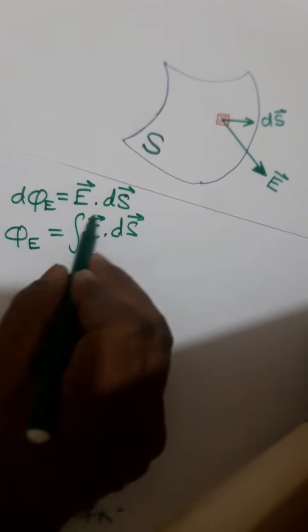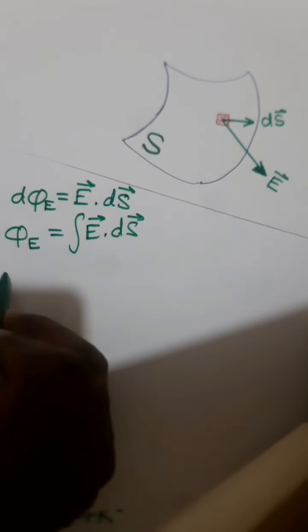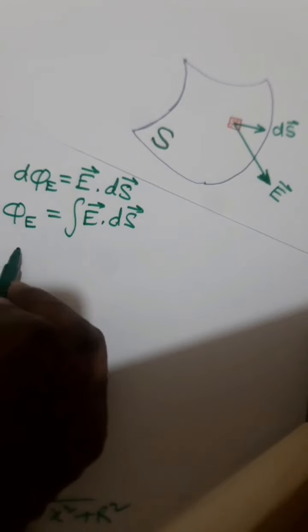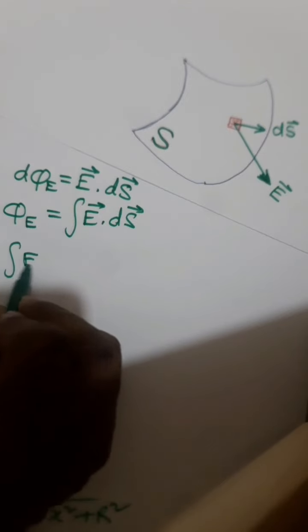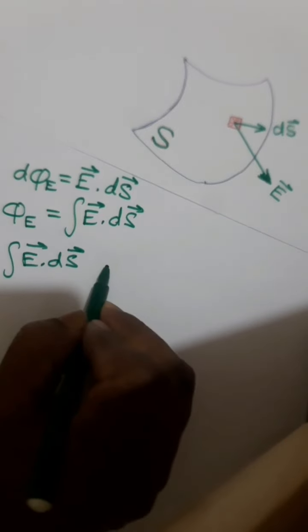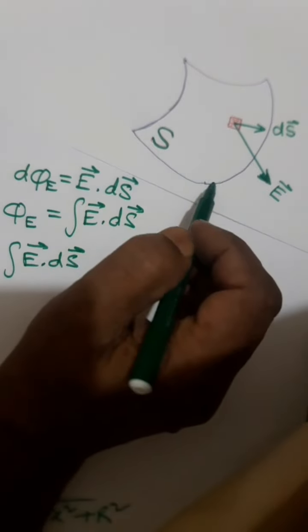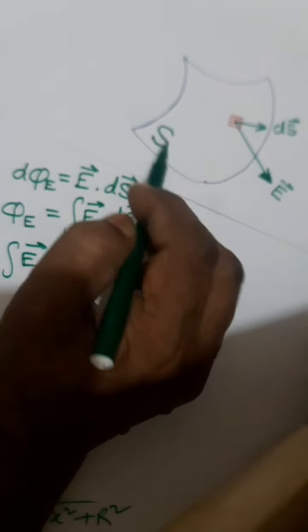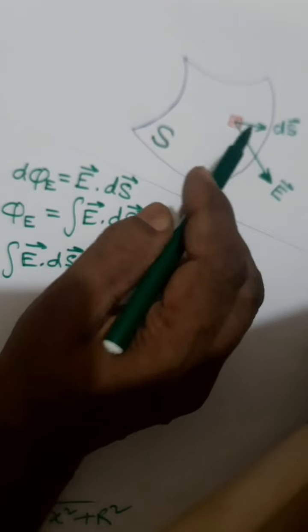It is an open surface integral of the electric field E, that is integration E dot ds is an open surface integral, as our surface is open, it does not enclose any volume.